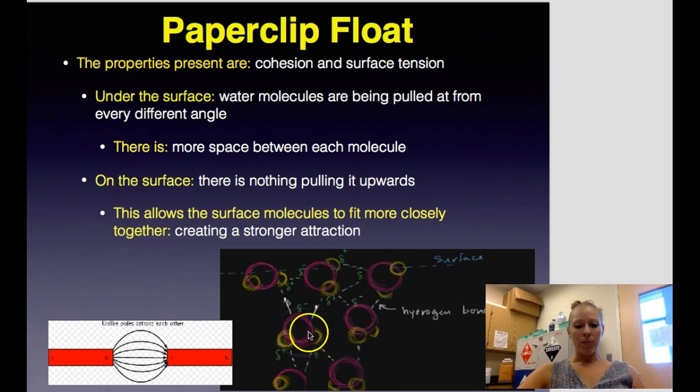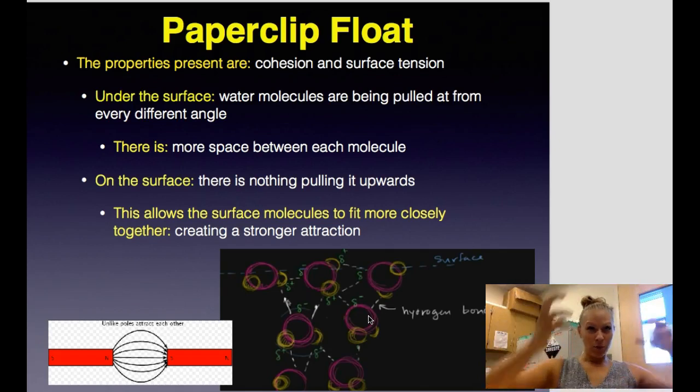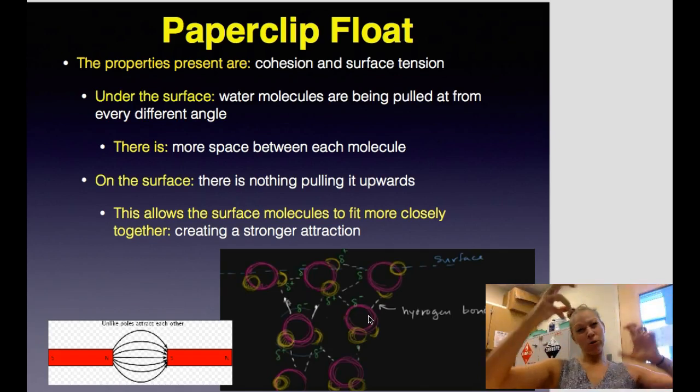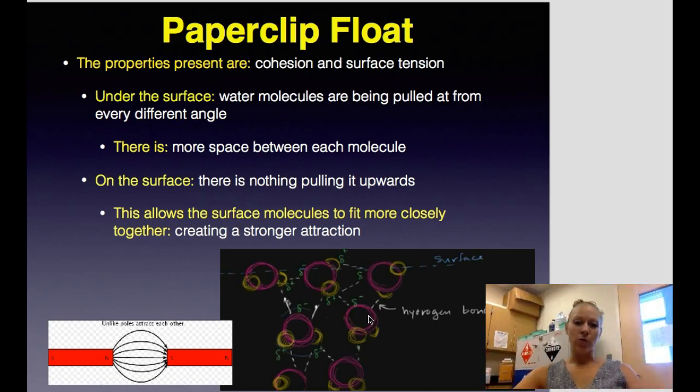However, there's going to be a difference at the top here. So the water molecules down here underwater are being pulled in every direction by other water molecules, because of the weak attractive forces between each water molecule.